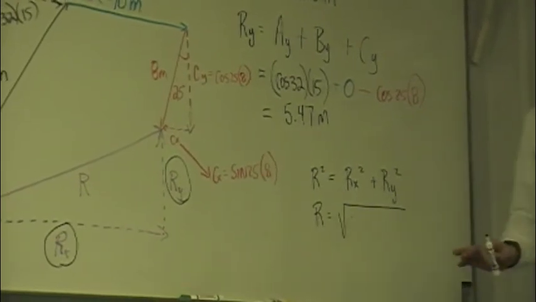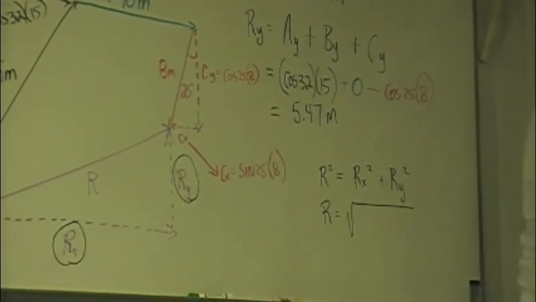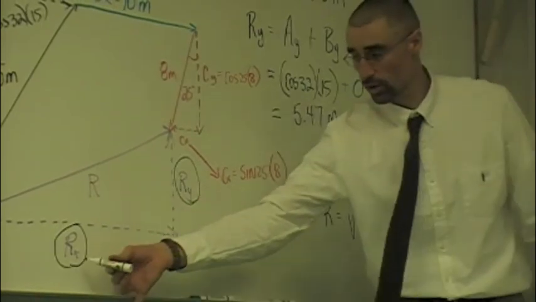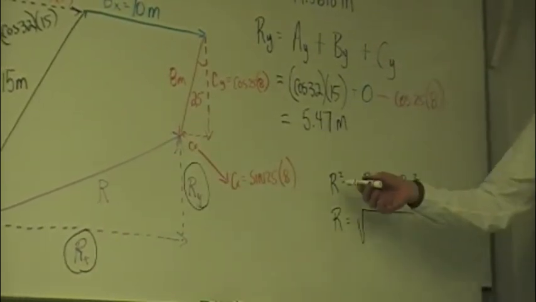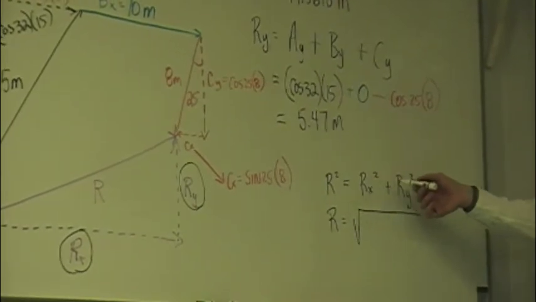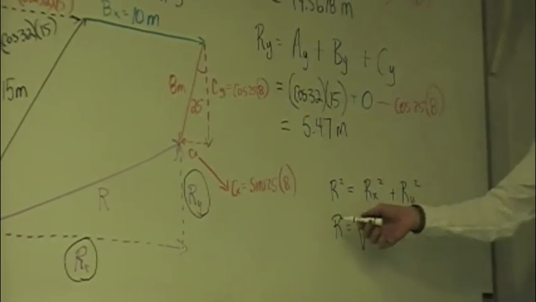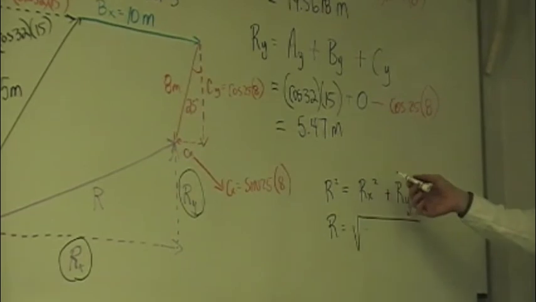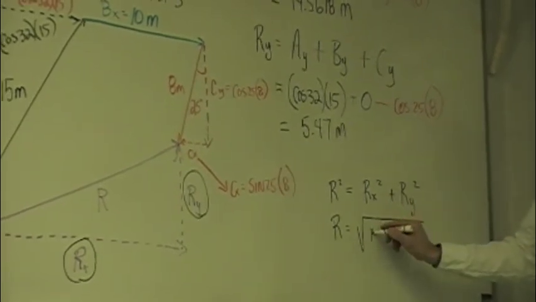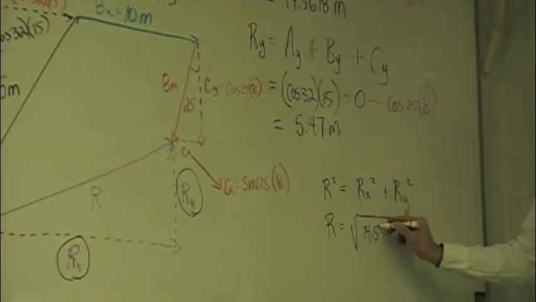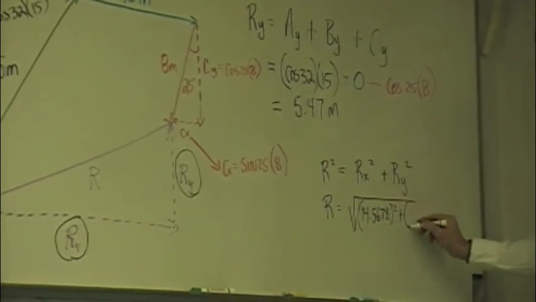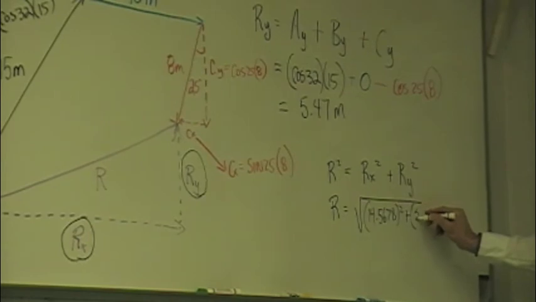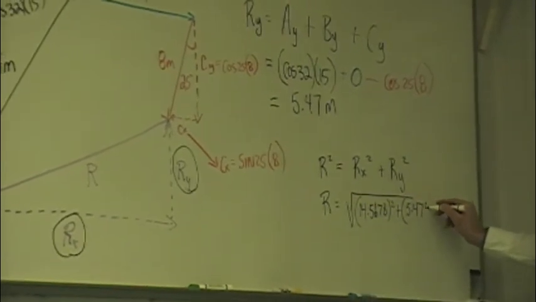Now, guys, it's simple math. We're going to use the Pythagorean Theorem. That squared plus that squared equals that squared. So what I've done is I've said r squared equals rx squared plus ry squared. And then to get r, we'd have the square root of, and in this case, rx is 14.5678 squared plus 5.47 squared.